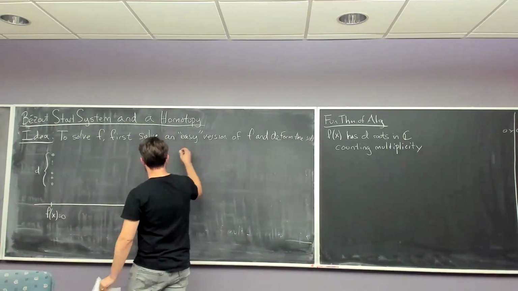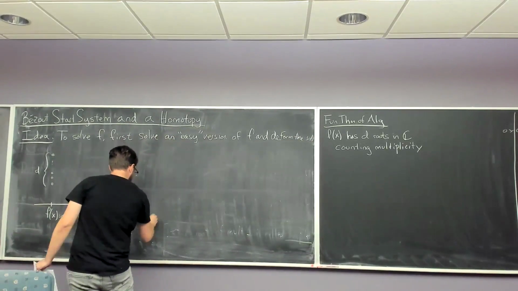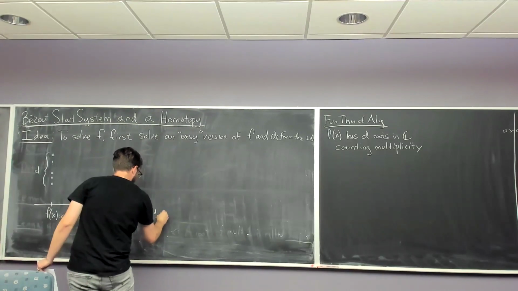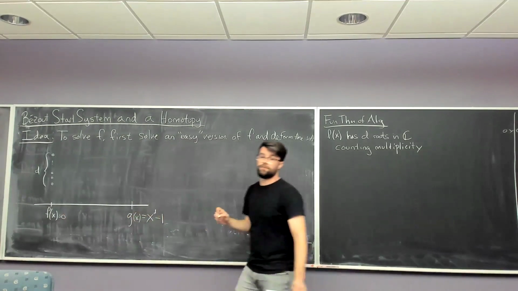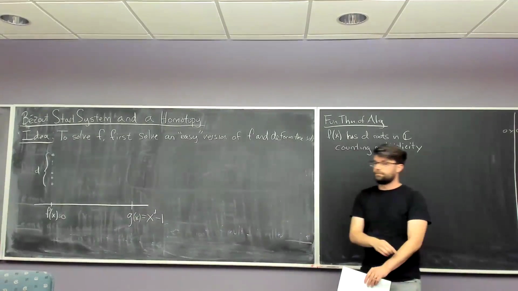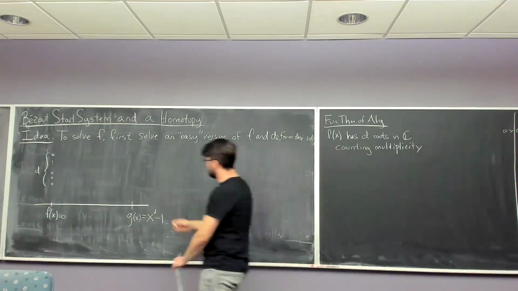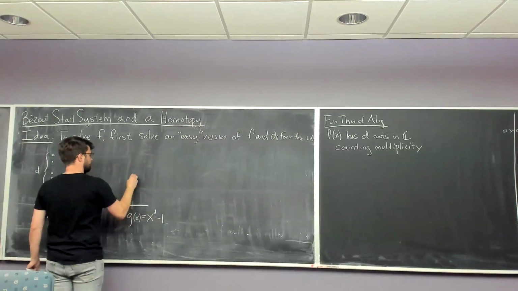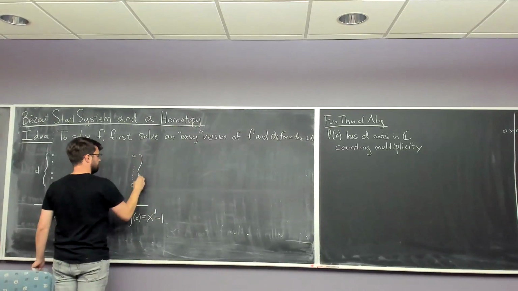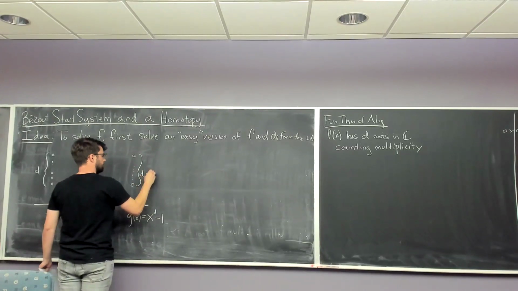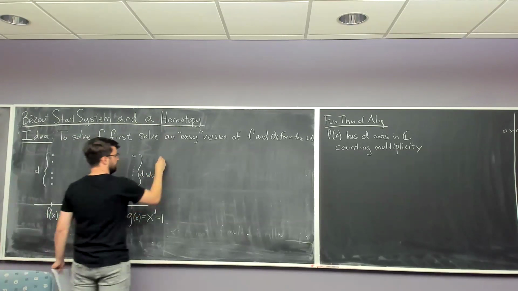So I think we've seen before, one to solve here is x to the d minus 1. So this has d solutions, and they're called the roots of unity.